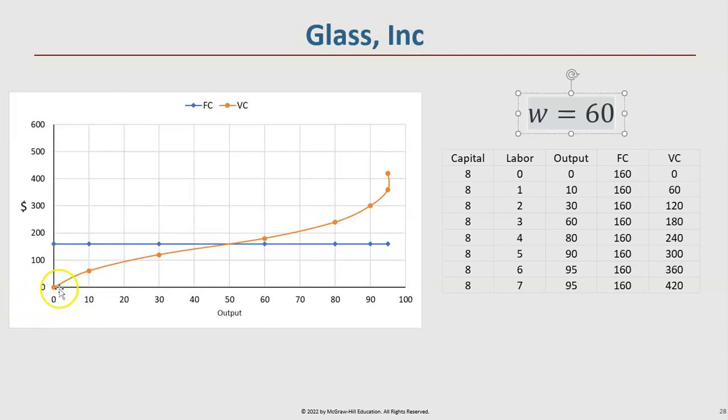Okay, so variable cost increases over the range of output.